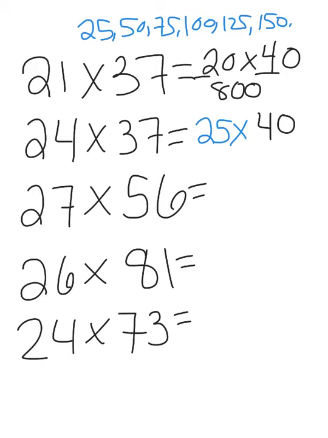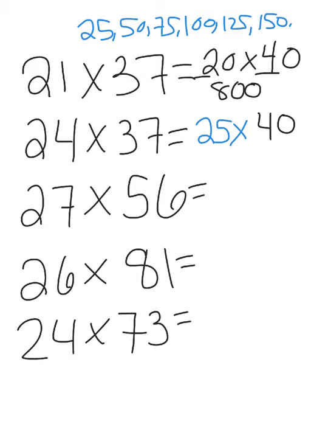Now let's look at the next one. We have 24 times 37. Well, 24 is closer to 25 than it is to 20. So in this case, we're going to do 25 times 37, which is going to round to 40. Now, if we're going to count by 25s, I'm going to write them across the top.